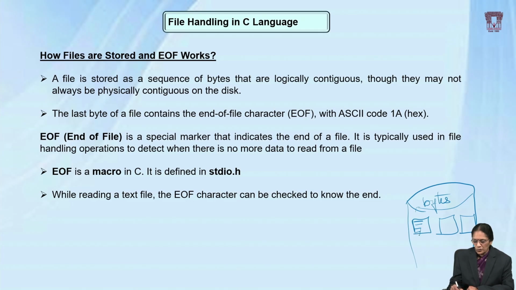It is always marked with what is called an EOF, an end of file marker, with an ASCII value of 1A, which is a hexadecimal value. The end of file marker is a special marker that indicates the end of the file, and it is typically used in file handling operations to detect when there is no more data to read from the file. For this purpose, we address end of file. And what is this end of file? It's a macro in C, and it is defined in stdio.h, the standard input output header file.